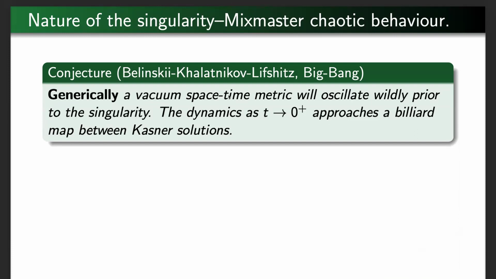The dynamics of the spacetime at each point, upon approach to the space-like singularity across a time-like geodesic, the metric will oscillate, but its oscillation approaches a billiard, a specific hyperbolic billiard, between the circle of Kasner parameters. This has been around and it's been built on and made explicit.